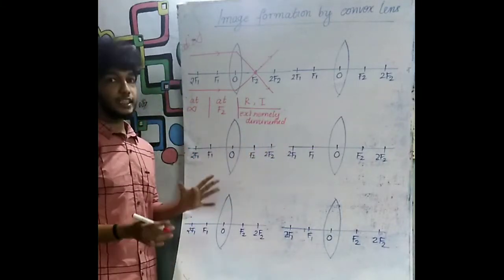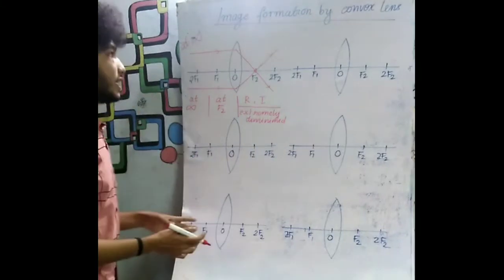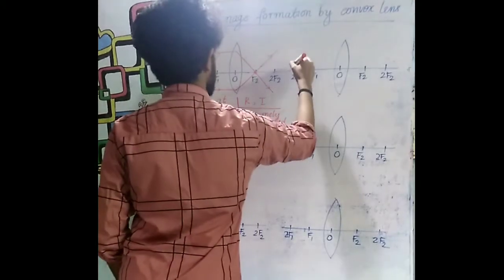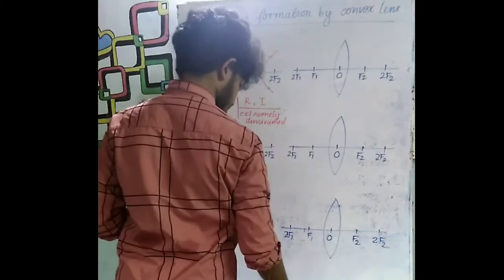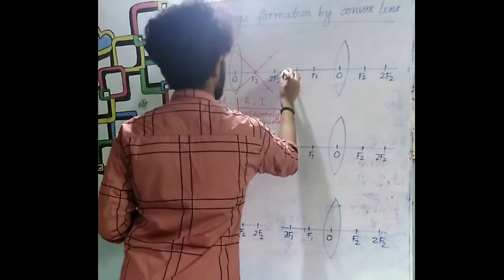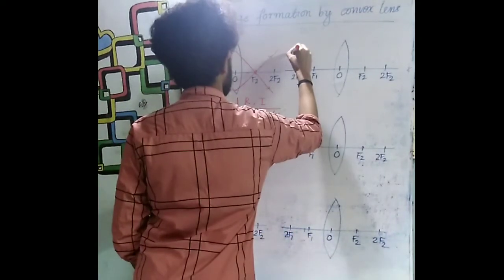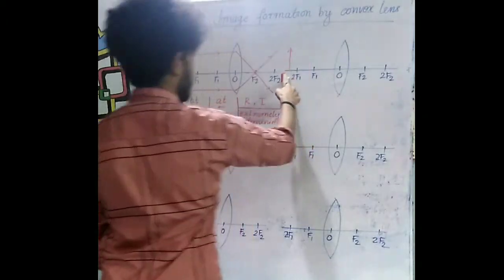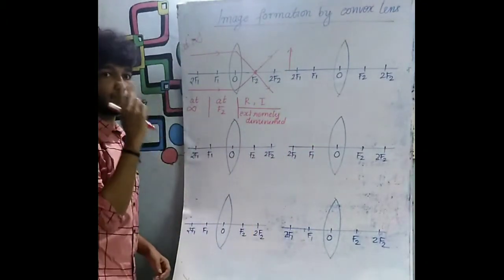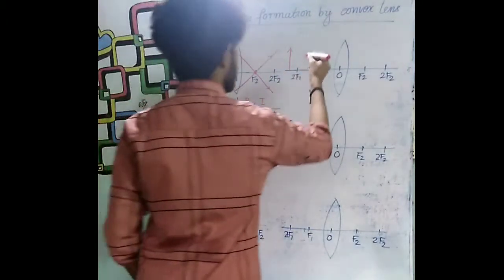In the next case, where shall we place the object? Let us place it beyond 2f1. See here, I have placed the object beyond 2f1, and two rays for convenience we have to consider.